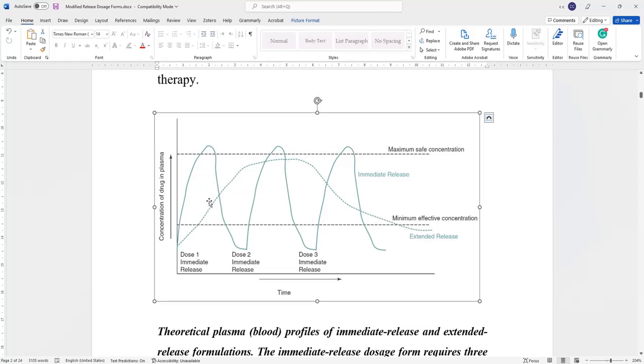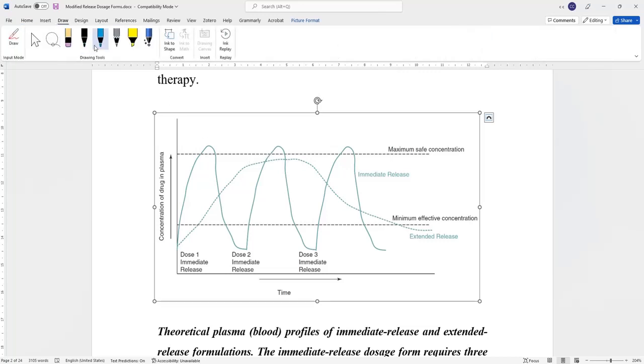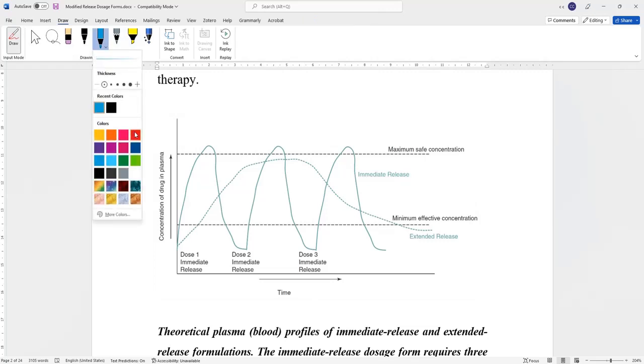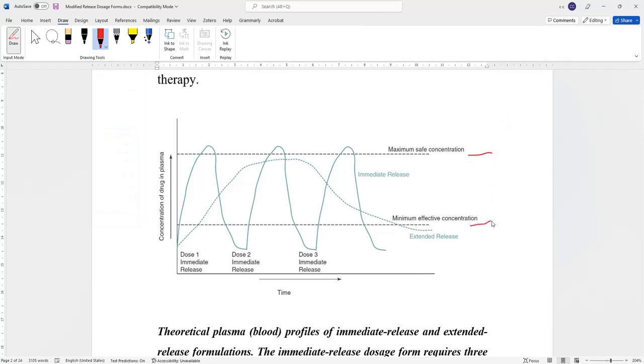So essentially, what does this tell you? That the drug concentration, after taking the medication, should be in between these two lines, minimum effective concentration and the minimum toxic concentration. So the drug concentration should be between this line and this line. So anything here is good.